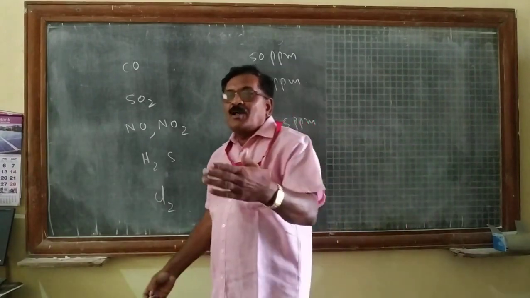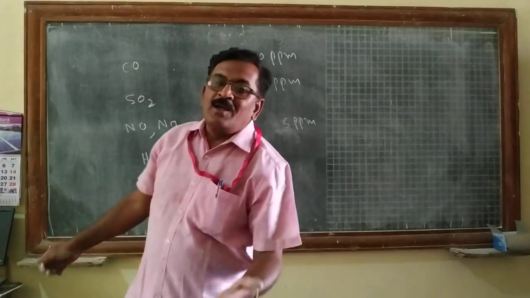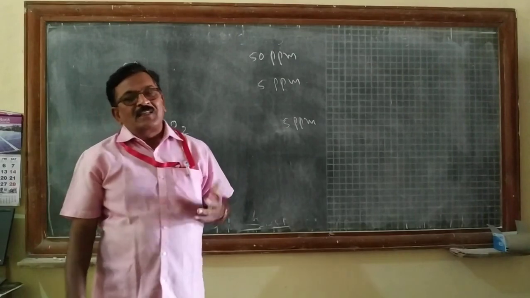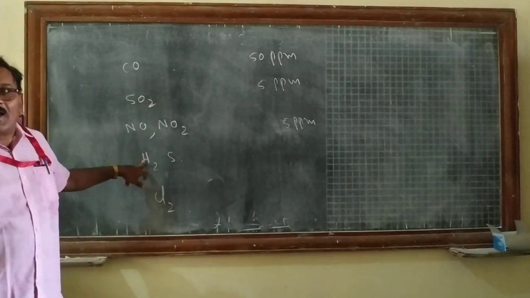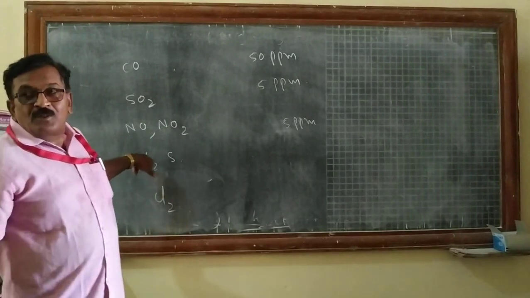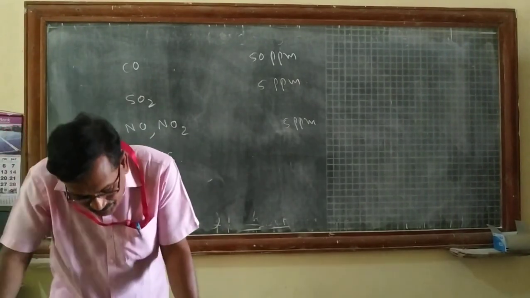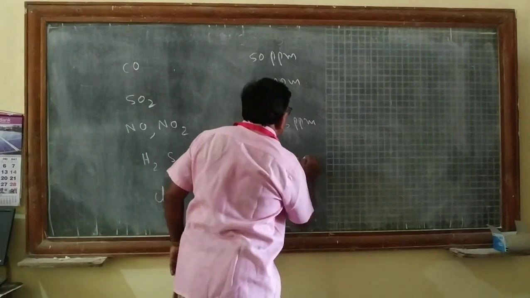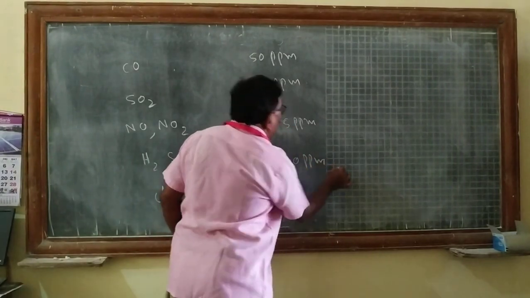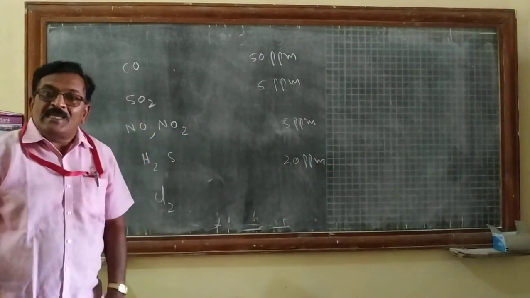That is biological decay. They can produce hydrogen sulfide, nearly 20 ppm, 20 parts per million.